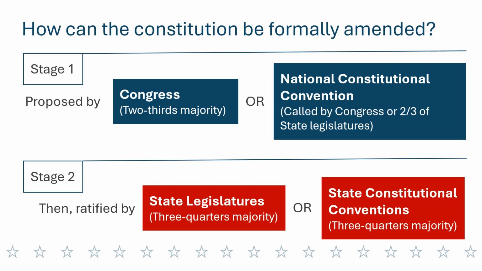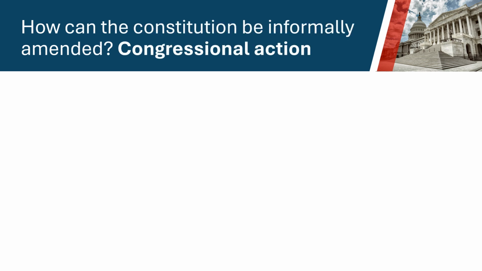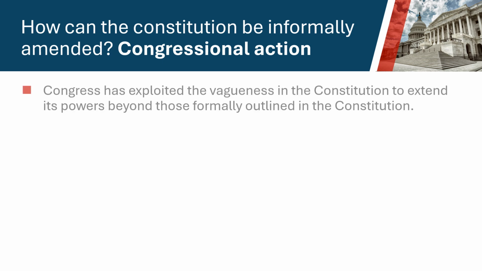However, the Constitution can also be amended through an informal process. The first of these informal methods is known as congressional action, whereby actions of Congress are accepted as compatible with the Constitution. Over time, Congress has exploited the vagueness in the Constitution to extend its powers beyond those formally outlined in the Constitution.